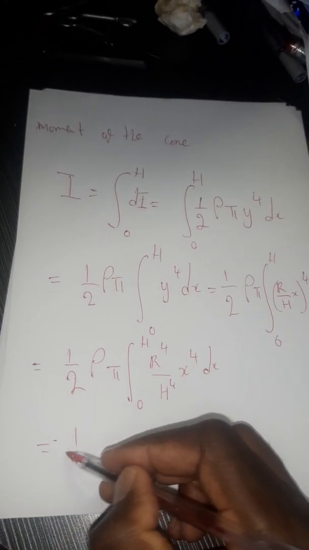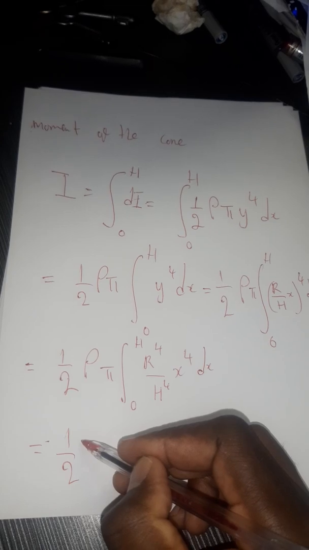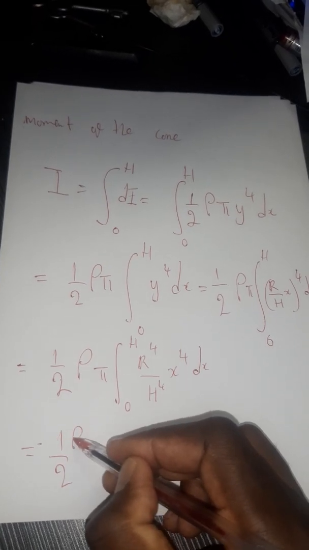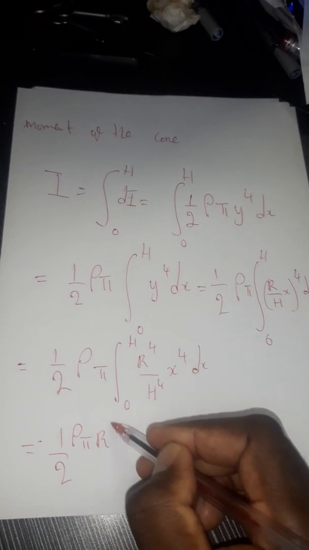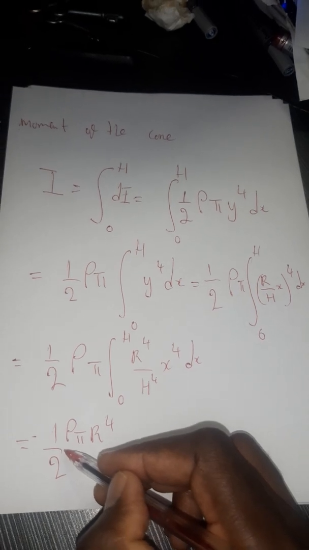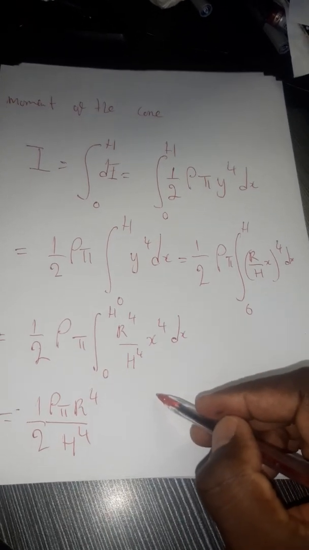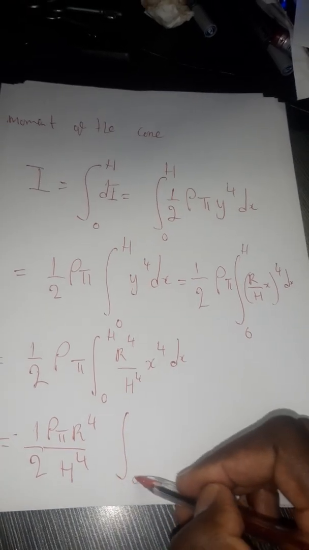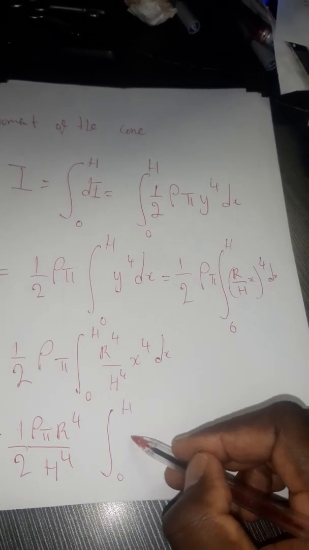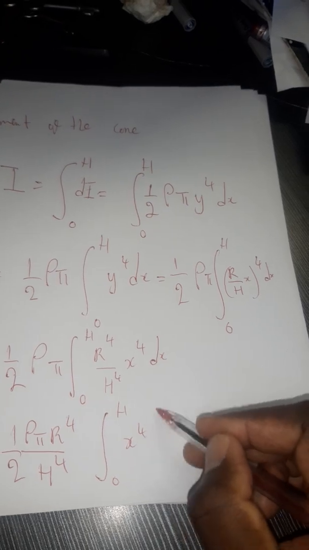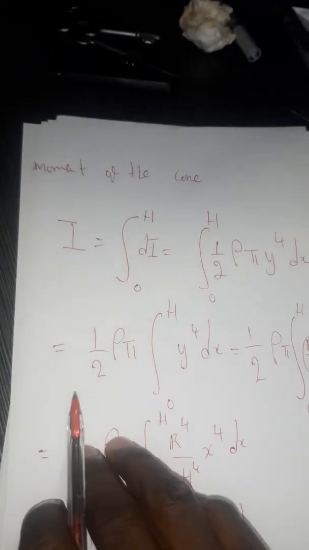So this is 1 over 2 times rho pi r to the power 4, h goes to the bottom, between 0 and h, x to the power 4 dx.